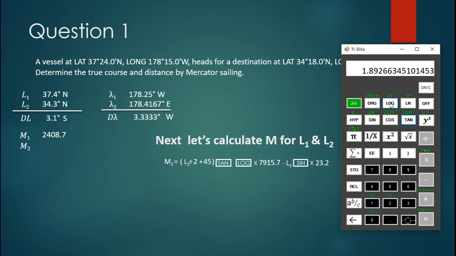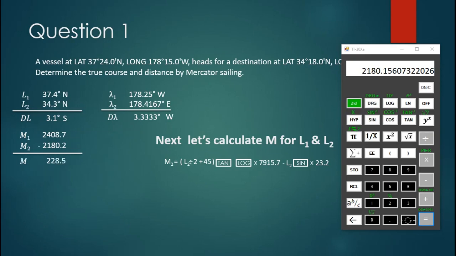Tangent log times 7915.7 minus 34.3 sine times 23.2 equals 2180.15. We can round that to 2180.2.